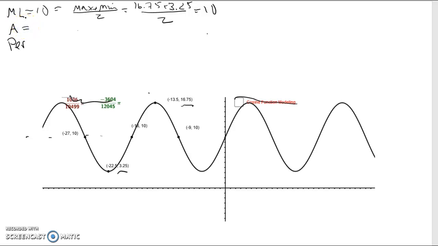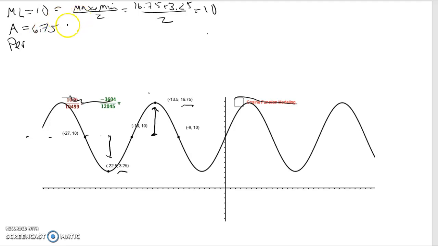Amplitude. We can either see that amplitude is the distance from the midline to a minimum or from the midline to a maximum. Doing that, we can clearly see that our amplitude is 6.75.